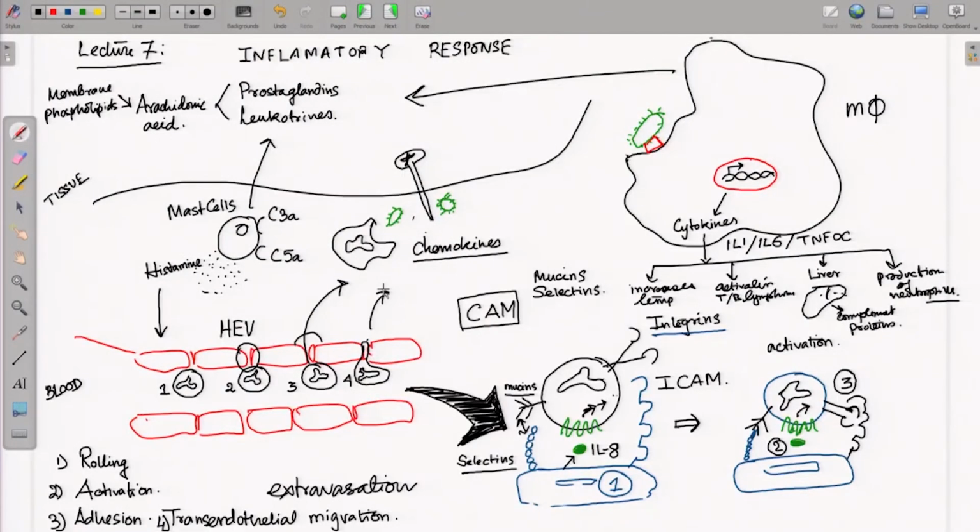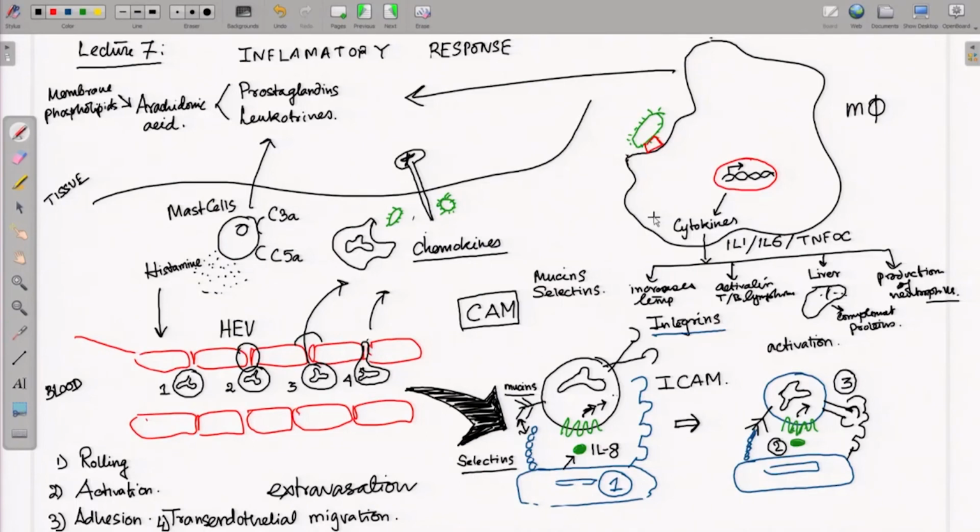Then the tissue macrophages initiate another, parallel response, which is what we see on this right side. The tissue macrophages can bind to the pathogen by recognizing the PAMPs, as we described in the last class, and then this whole set of actions starts.